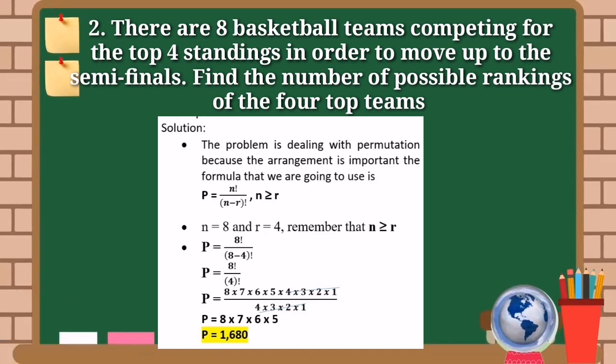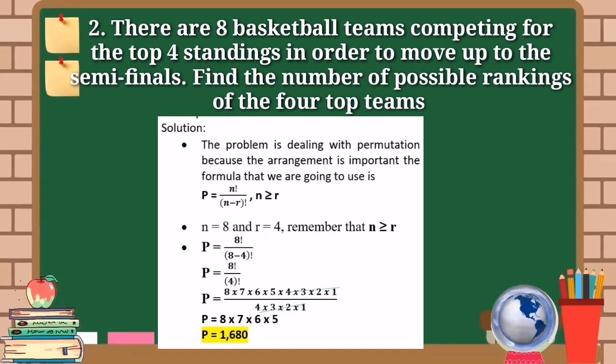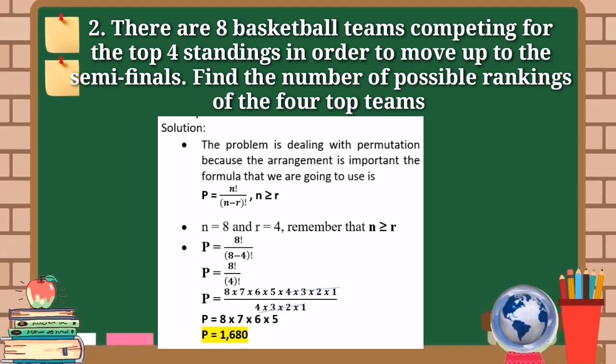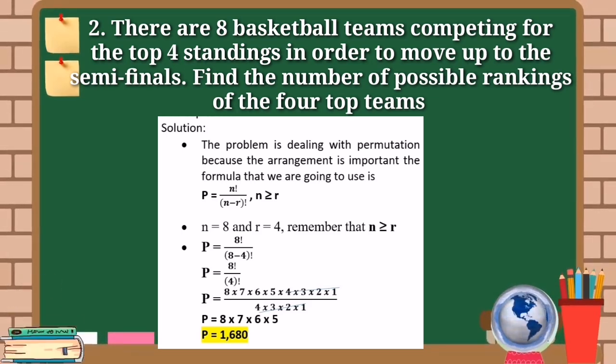We have to substitute now the value of n and r to the formula. So P is equal to 8 factorial over the quantity of 8 minus 4 factorial. Next, we have to subtract the denominator. 8 minus 4 is equal to 4 factorial. 8 factorial is equal to 8 times 7 times 6 times 5 times 4 times 3 times 2 times 1.